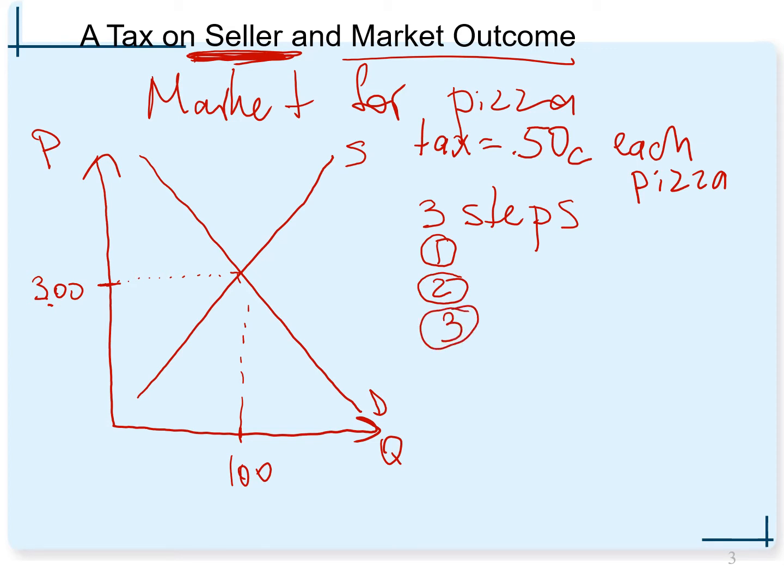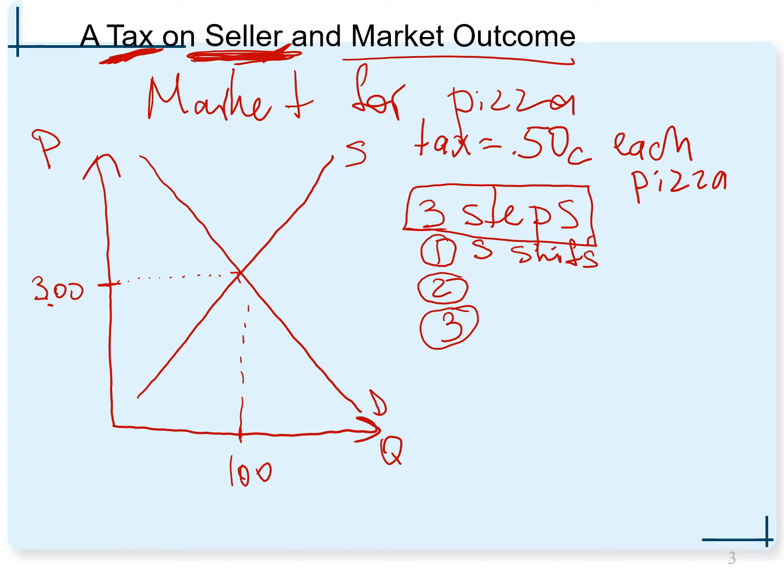Guys, when we impose tax on seller, this is a kind of like our determinant. You impose tax on seller or on buyer, okay, one of the curves are going to shift. So this is a kind of like our determinants, and therefore, the market outcome is going to change. So just think about when we impose tax on seller, which curve is going to shift? Supply or demand curve? Of course, supply curve. So supply curve shifts.